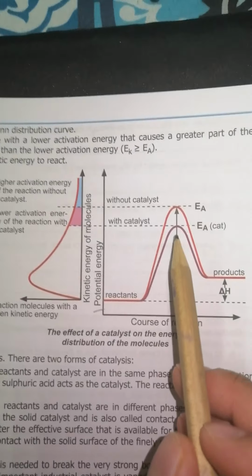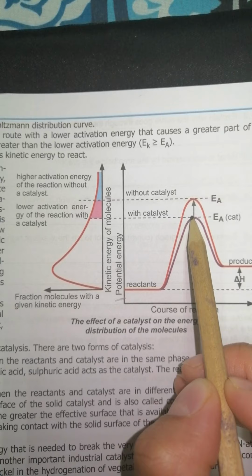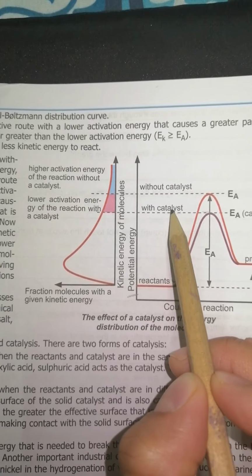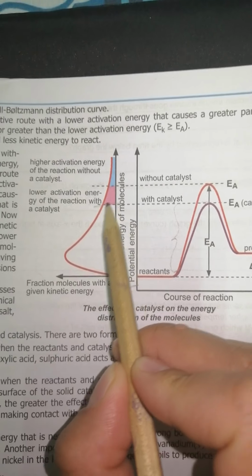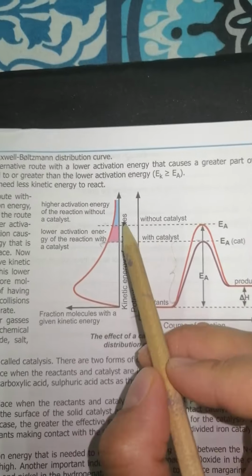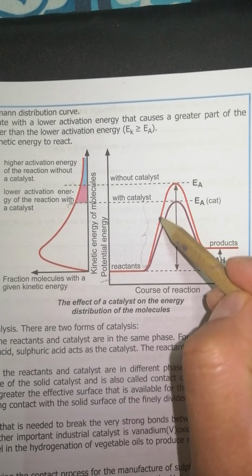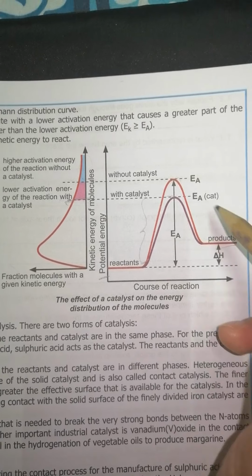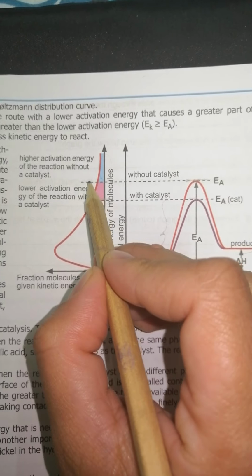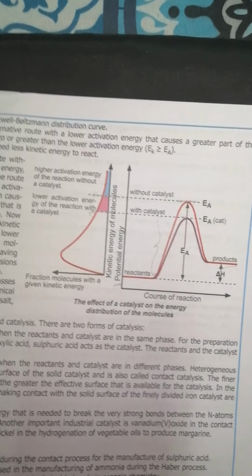This purple graph here is the one using a catalyst, and the activation energy of this graph, which is from reactants to activation energy, corresponds to the activation energy on the Maxwell-Boltzmann curve that also uses a catalyst. And without the catalyst is this blue part of the graph, and it's also this red graph on the potential energy diagram. And whatever the activation energy is here, it corresponds to the one here, which is without a catalyst. So that's just something nice to know.